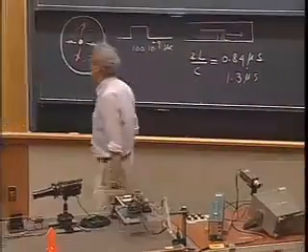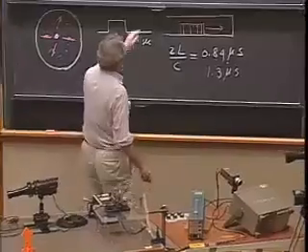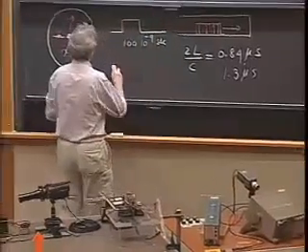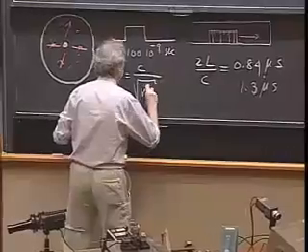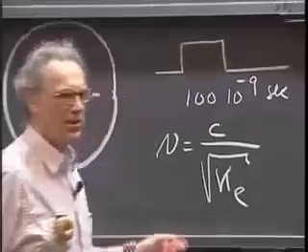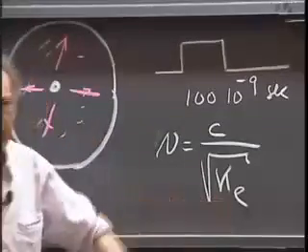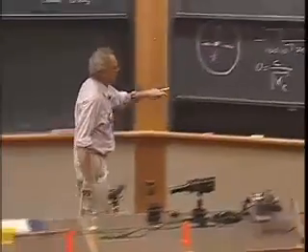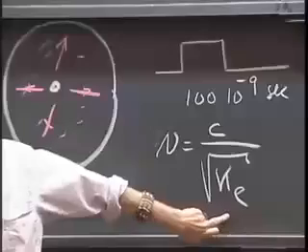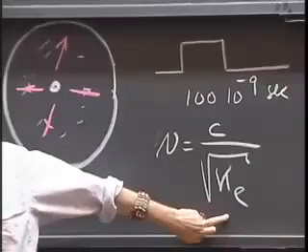Do you remember, or do you not, that we discussed that the speed of propagation v is c divided by the square root of the index of refraction, of the dielectric constant? You remember that? I did at one point. I even showed you how this dielectric constant is a strong function of frequency for water.